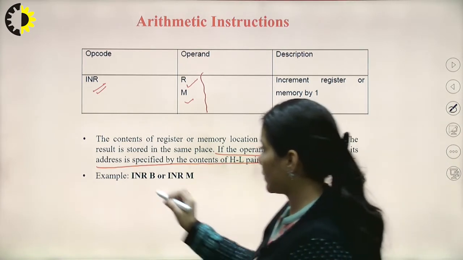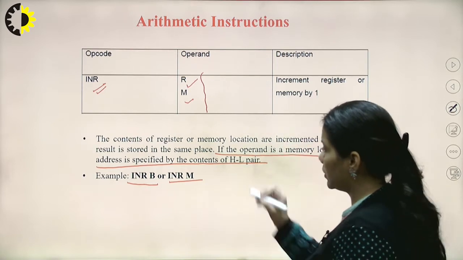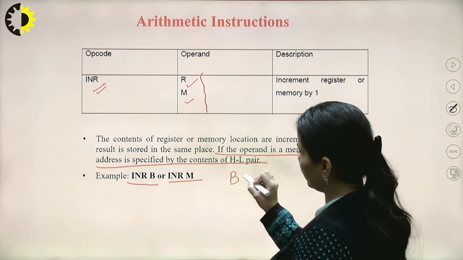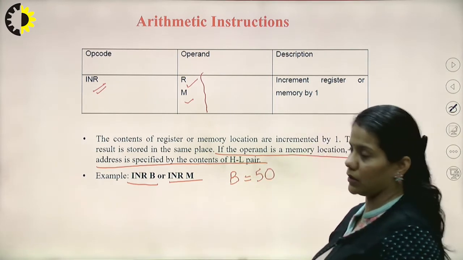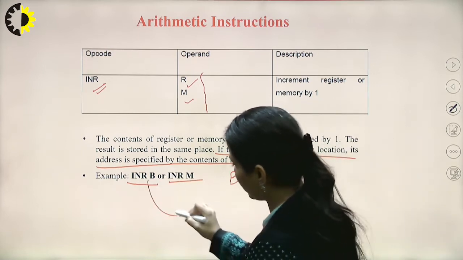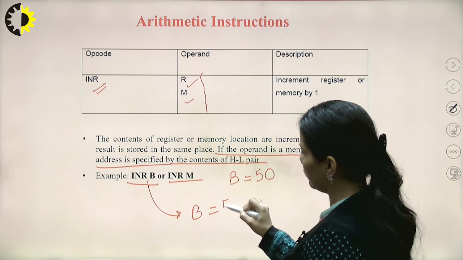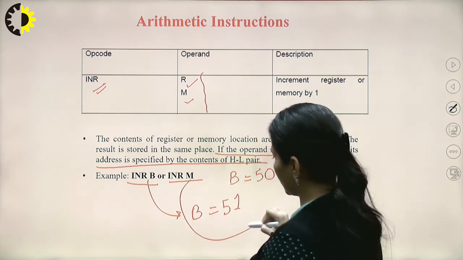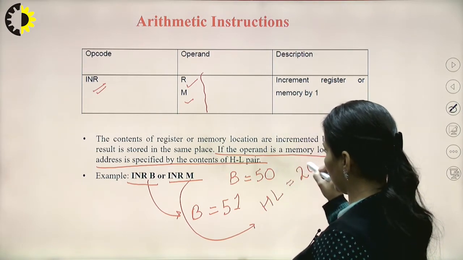For example, INR B or INR R/M. Suppose at a certain point of time B is holding 50. So when we are performing this instruction, it will increase the value of B by 1. Again, suppose HL register pair is having 20, 30.